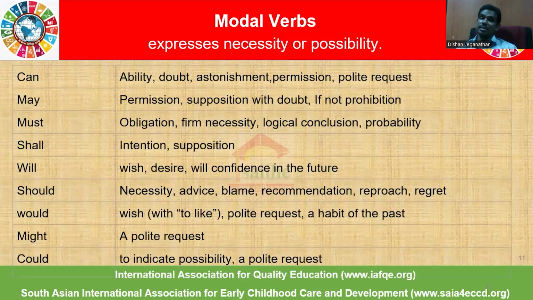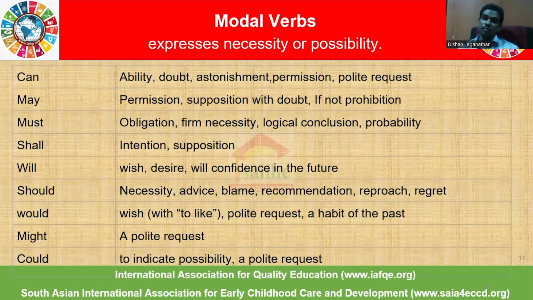Now let's look at each one specifically. Can is used for ability, doubt, astonishment, permission, polite request. May is used for permission, supposition with doubt, if not prohibition.